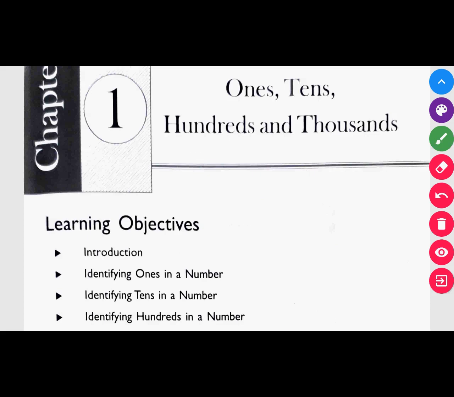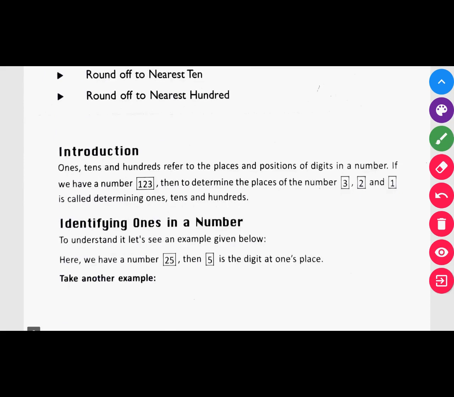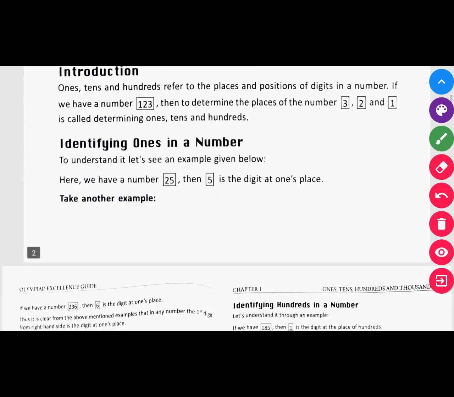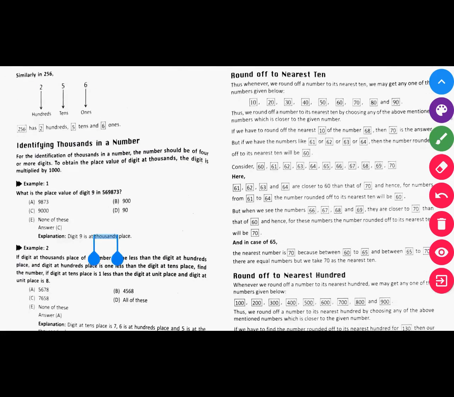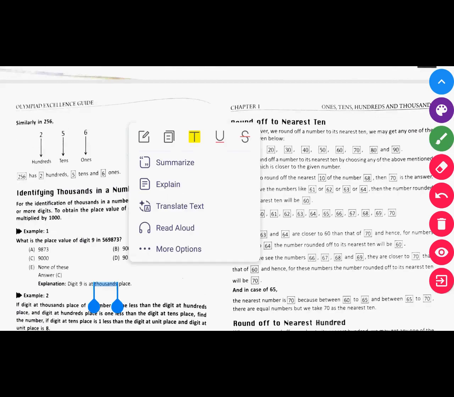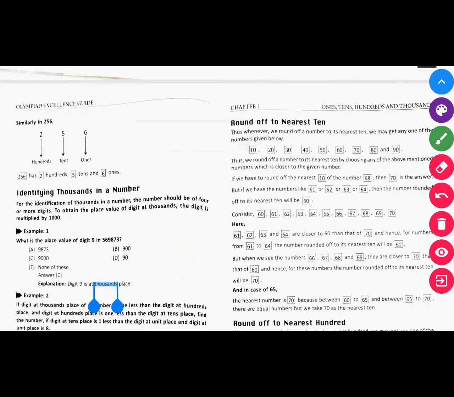So this is the theme of this chapter. The same thing is mentioned in the description, and we have to identify the number in the tens position or in the hundreds place, or we have to find the number nearest to the 10 or nearest to the 100.